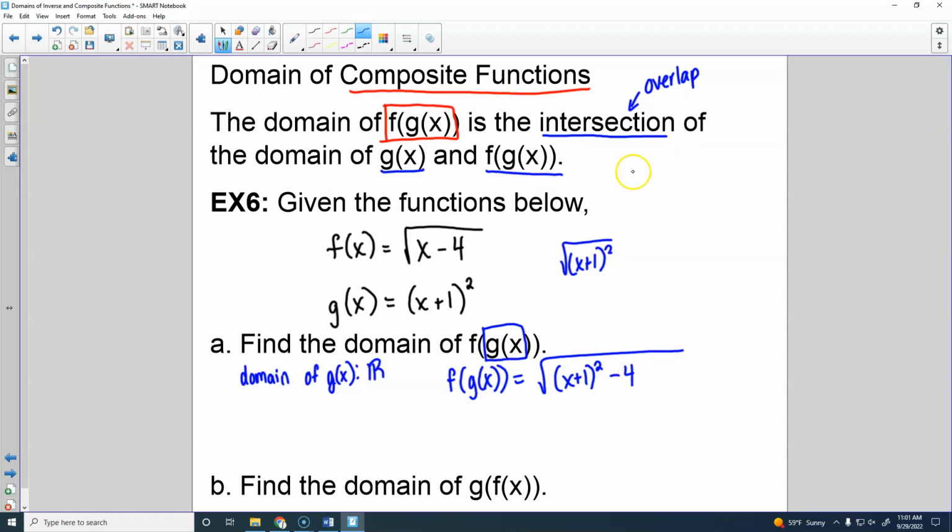If you think about this with numbers, like if I had the square root of 3 squared minus 4, if we do this like we normally would, that'd be square root of 9 minus 4, which is square root of 5, right? If you took the square root of both, square root of 3 squared is 3, square root of 4 is 2, you get 1.